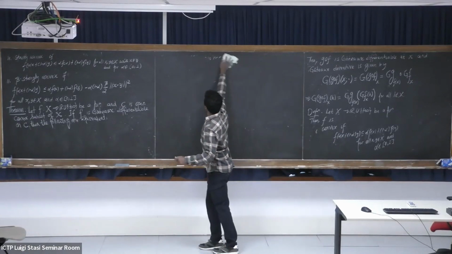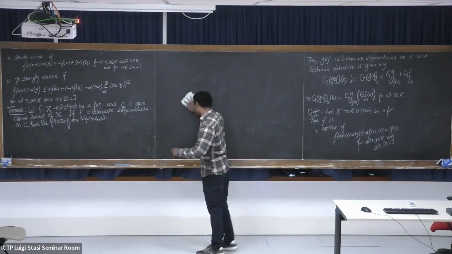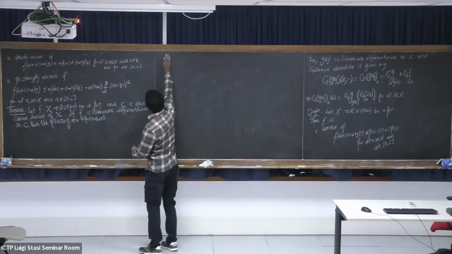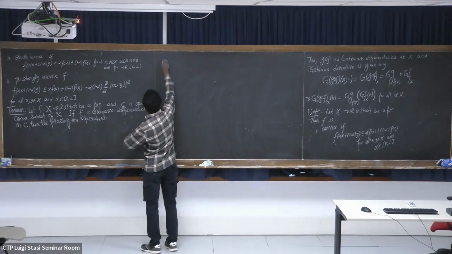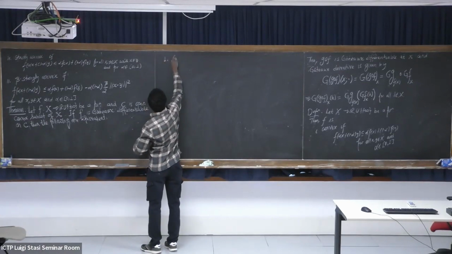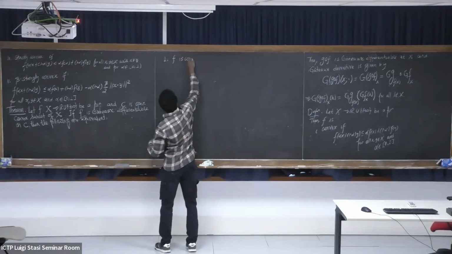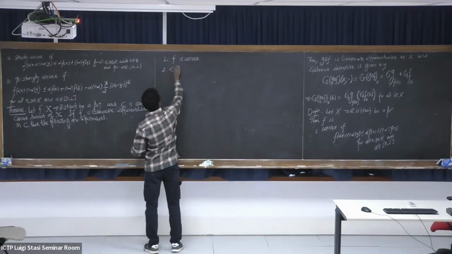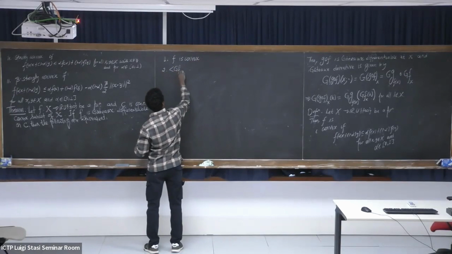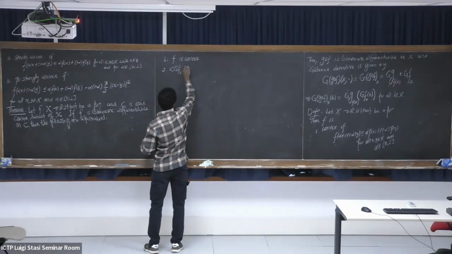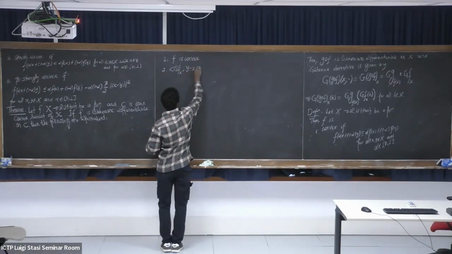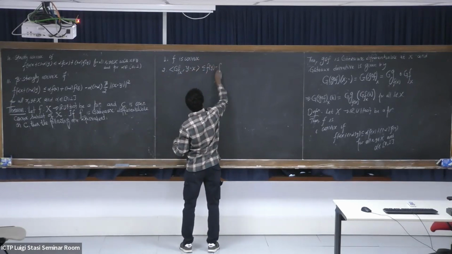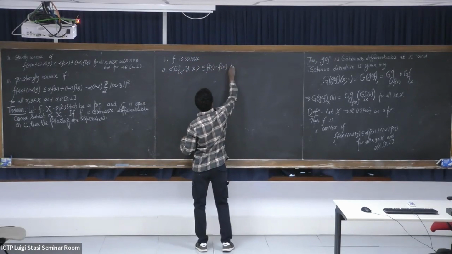So the following three equivalent results are very important for Moreau's discussion. The following are equivalent. One, f is convex. Two, the Gateaux derivative of f at x applied to y minus x is less than or equal to f of y minus f of x.